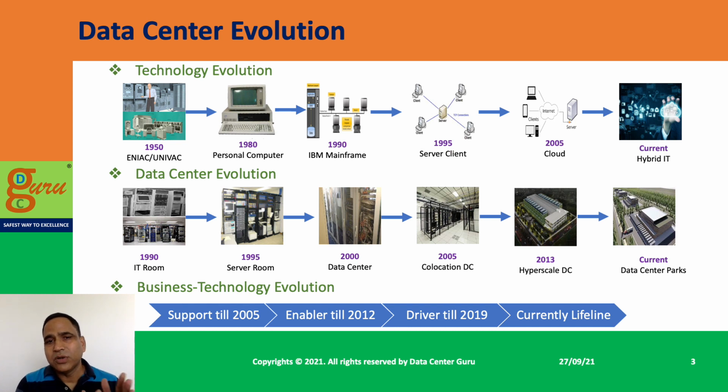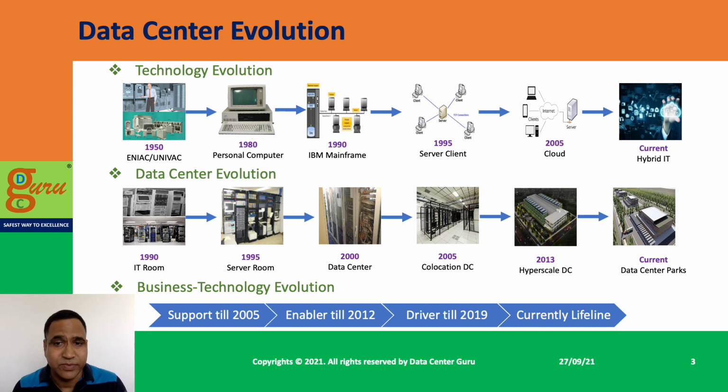Based on this technological evolution or revolution, the dependency of business on technology has also evolved. Till 2005, the technology was acting as a support to the business, then from 2006 to 2012, it became a business enabler. Then from 2013 to 2019, we're talking about business driver.